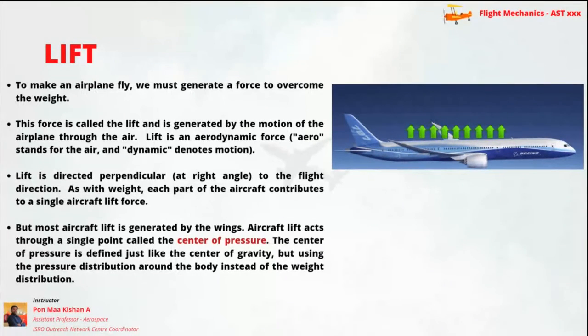But the center of pressure of the wing alone depends only upon the wing structure. So you have to be very clear what the statement is given. Center of gravity is with respect to the aircraft, and center of pressure is with respect to the wing alone, not the entire aircraft.